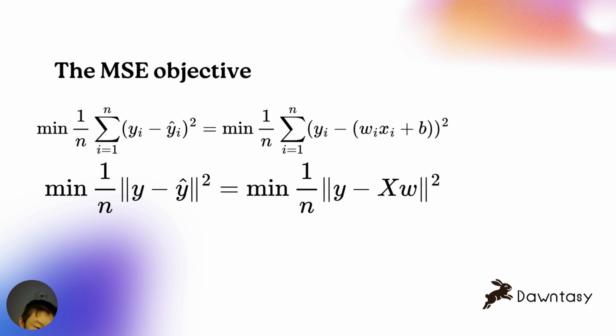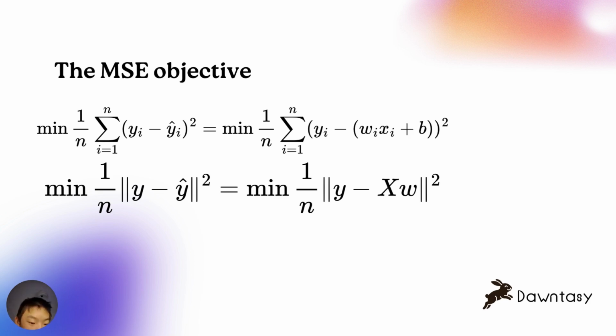As you can see, we sum it using that sigma symbol over there, and then divide it by the number of data points in the data set. That's equivalent to the second one, which basically substitutes our prediction with the linear model over there. So that's just our definition.